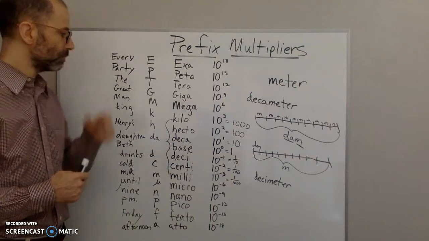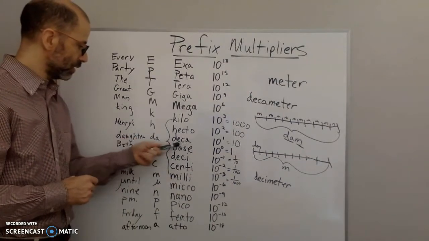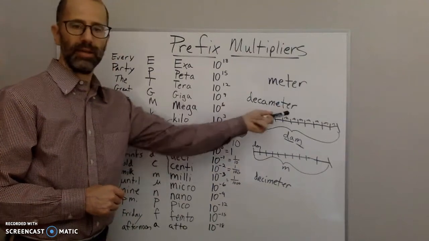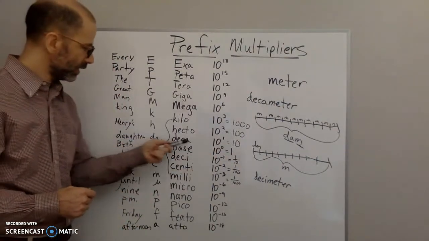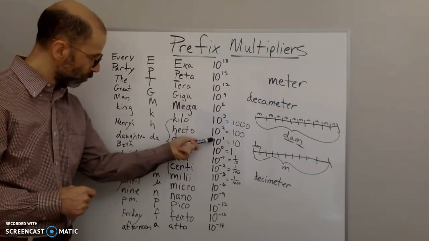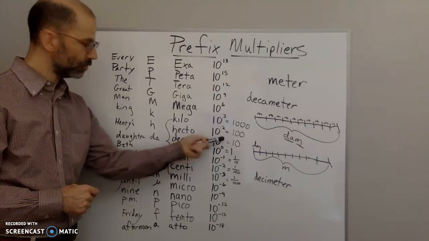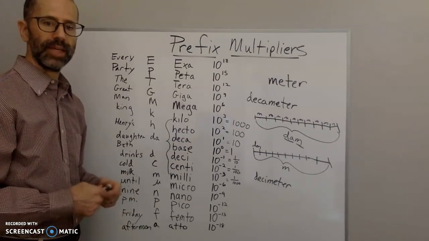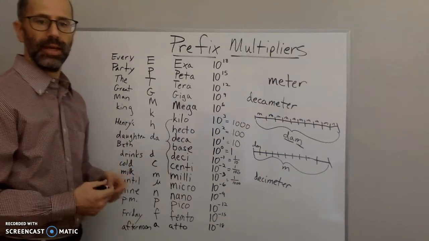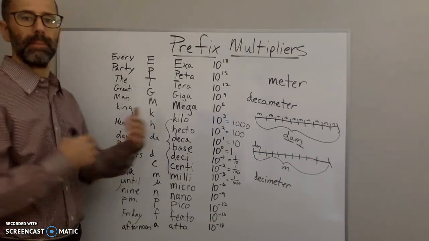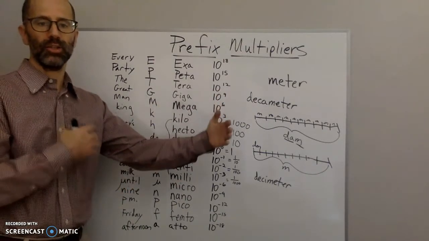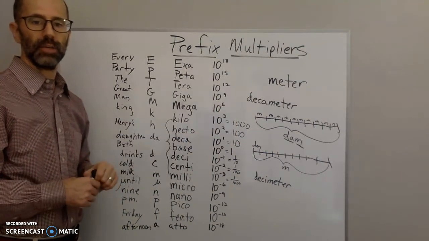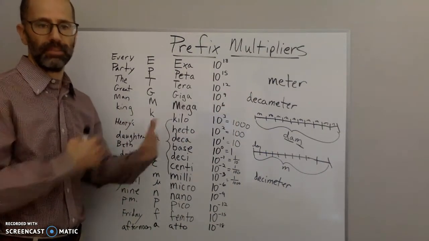So, for example, if I take deca, which is a prefix, and put deca in front of meter and create decameter, deca stands for the multiplier of 10 to the 1, or 10. So what I've done is I've taken the base unit and multiplied it by 10 to make it bigger, and then I called that longer unit decameter. I gave it a different name, decameter, right?